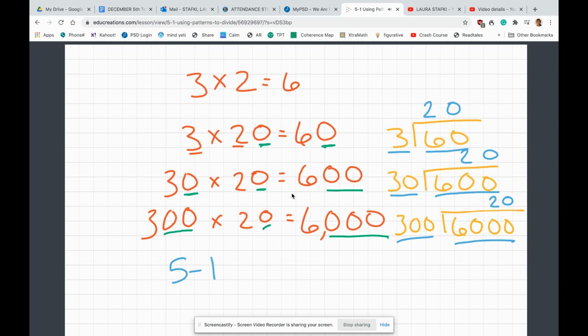So you're going to be using complete sentences. You are going to be explaining it clearly enough that when I read it, I know exactly what your thinking is. There's no guesswork involved. So be real careful when I ask you to explain your answers using words.